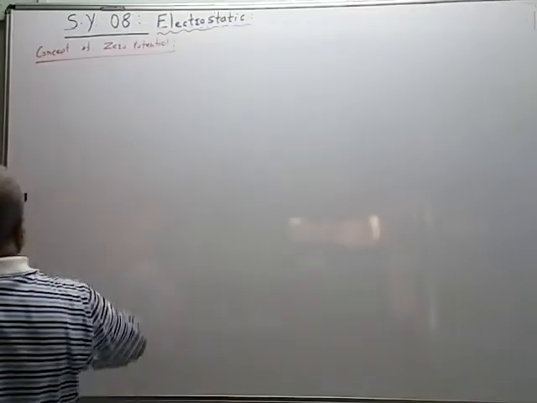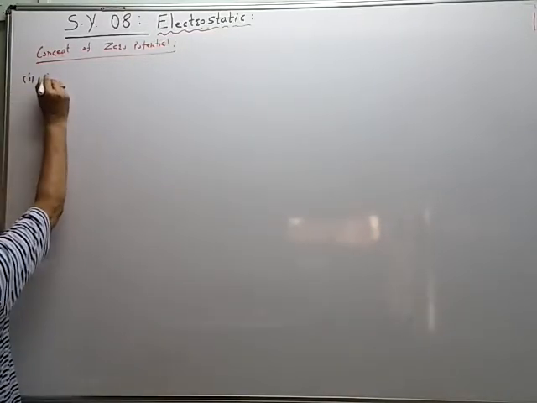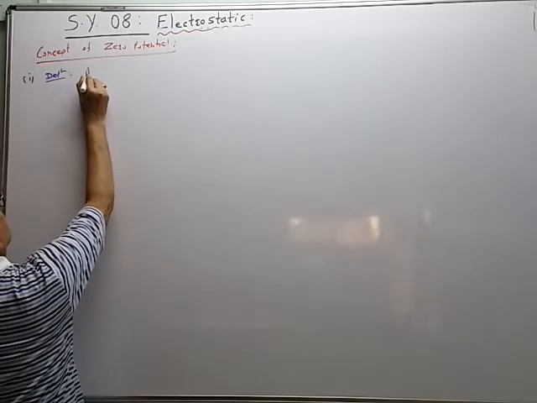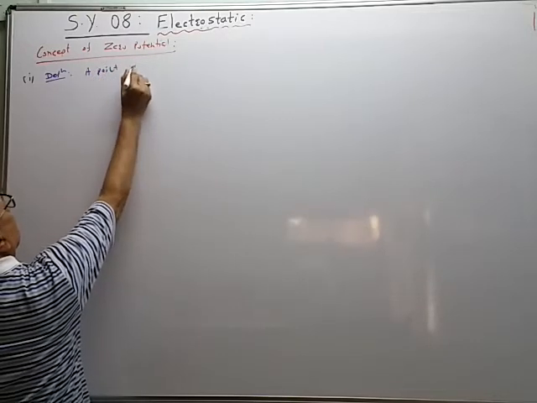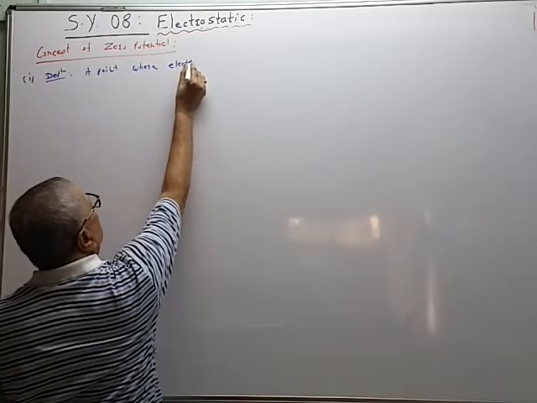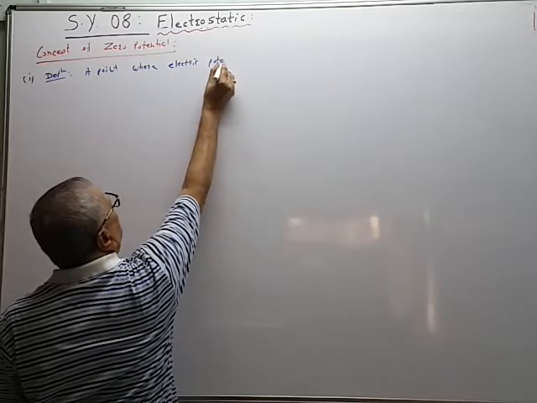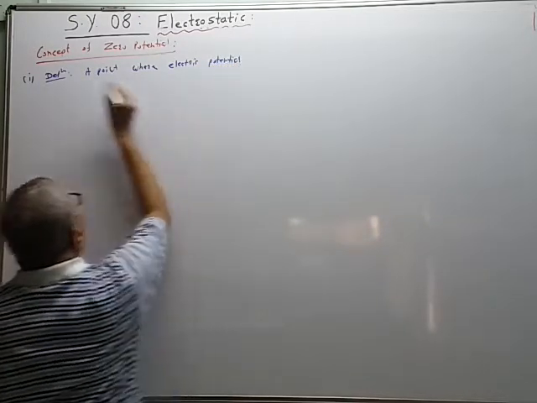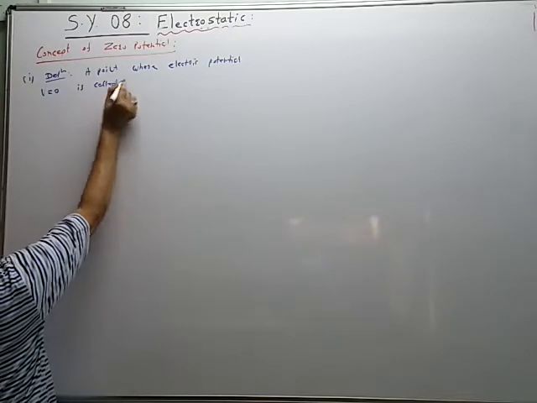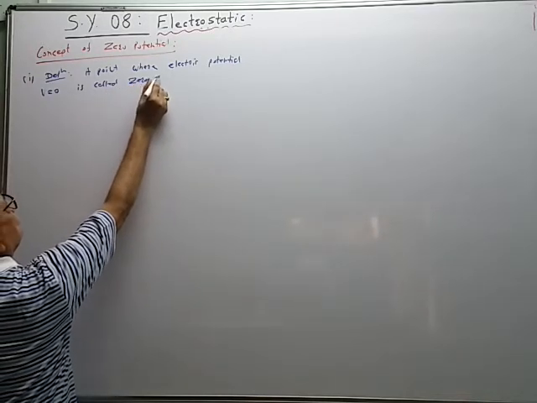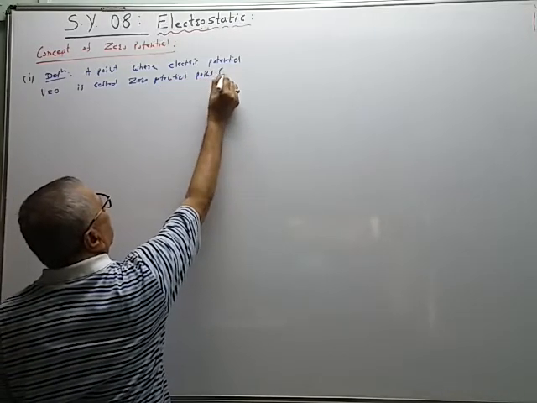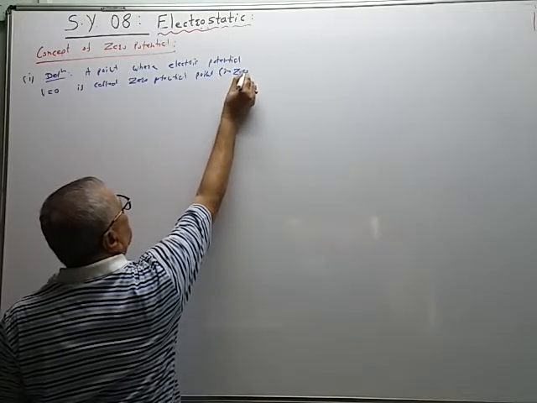So first one, definition. A point where electric potential V is equal to 0 is called zero potential point, or sometimes it is also called zero point.